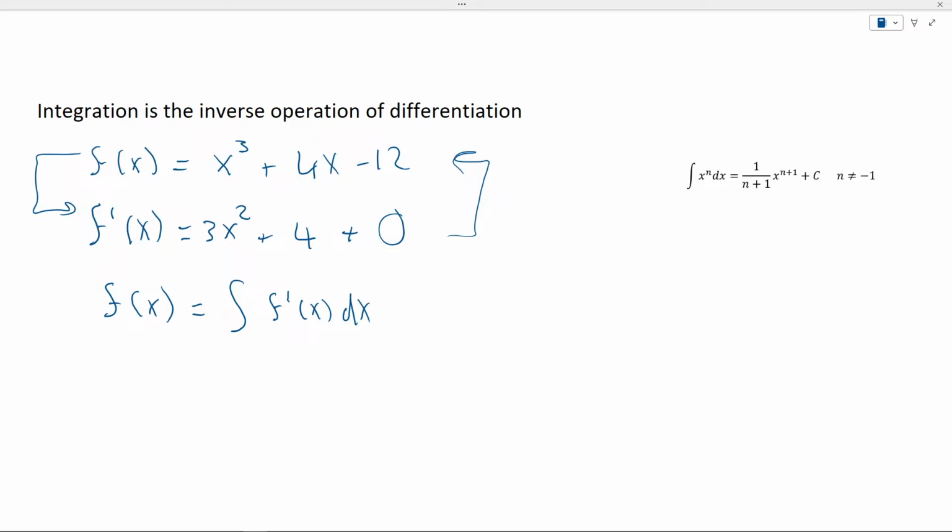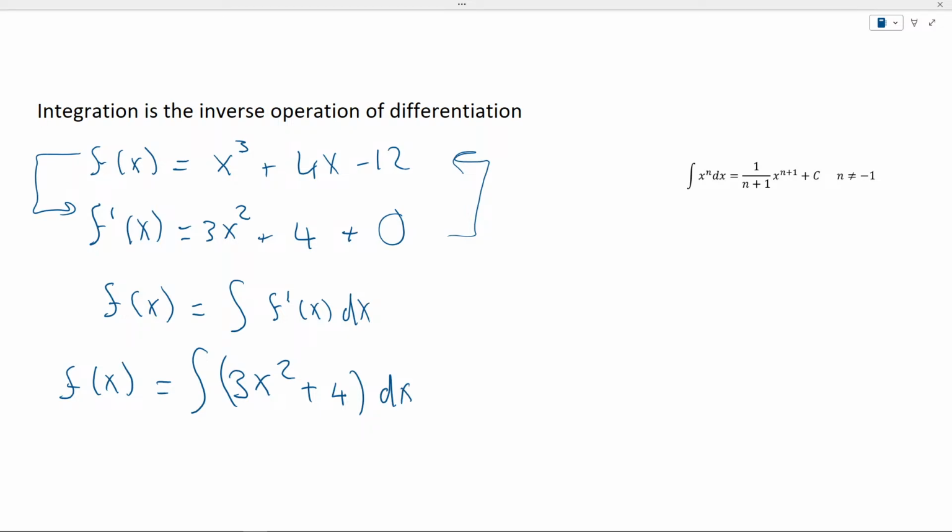Let me show you how to integrate this function. I can say f of x is equal to the integration of 3x plus 4 dx. I integrate this. The integral is also called the antiderivative.